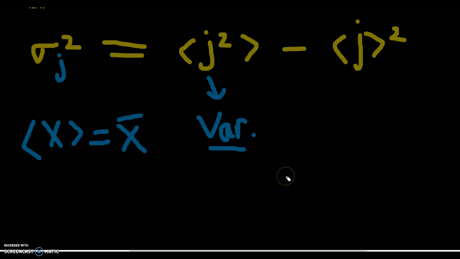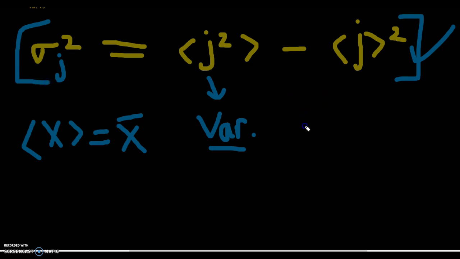Okay, so basically the variance of any variable j is the mean of the square of observations minus the square of the mean of observations. This is a very fundamental theorem and is always applicable. You can prove it using some algebraic manipulations. So this idea we will be using in quantum mechanics, this definition of variance.